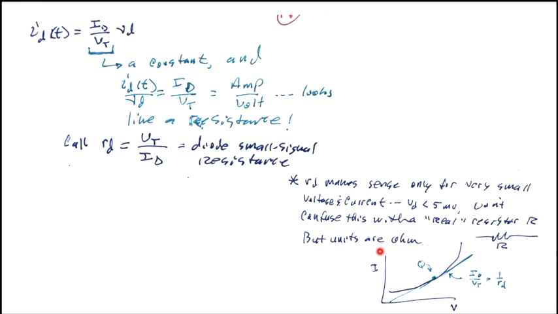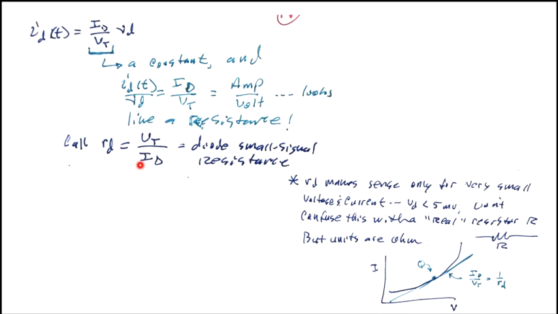So this should make sense. I versus V, we've got this plot that looks like that, right? And the slope of that should be 1 over resistance. It's an amp per volt, right? So the slope anywhere we're looking at is 1 over resistance. And depending on the voltage and current DC levels that we picked for Q, we get a different value of rd. rd depends on ID, right?